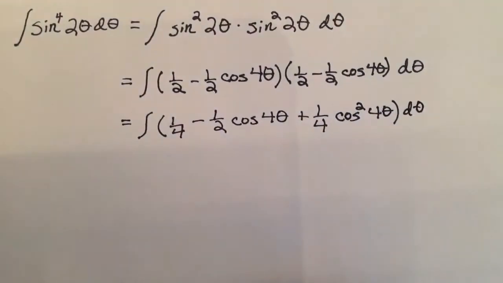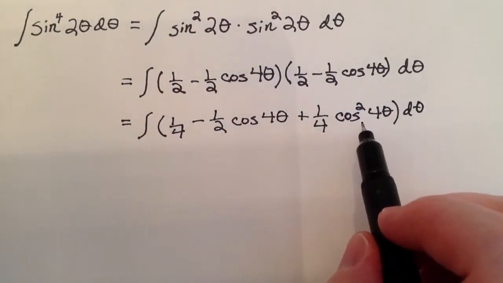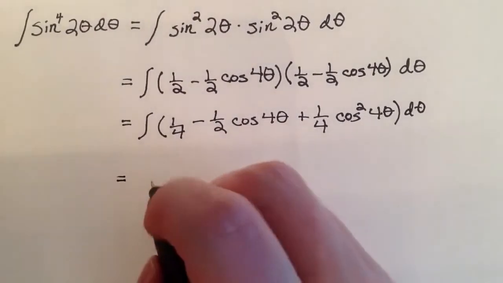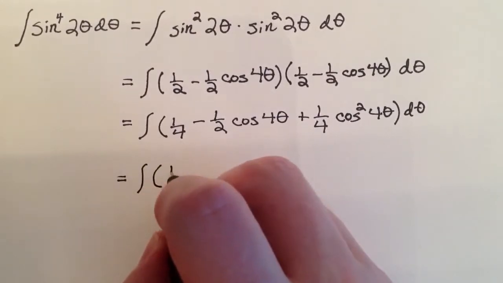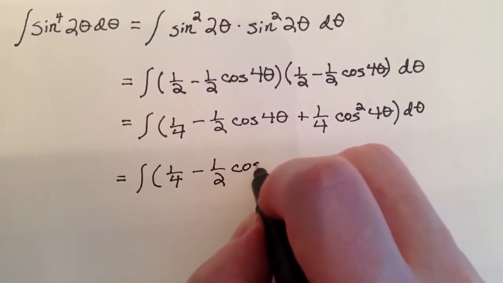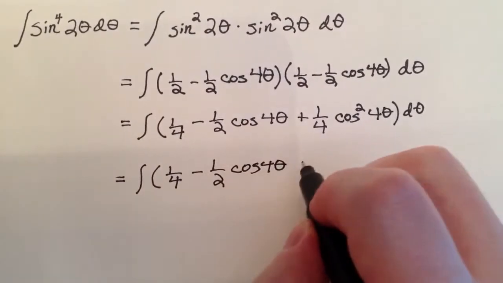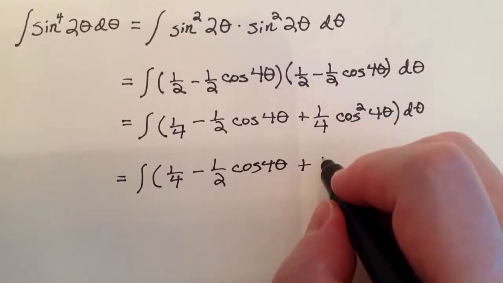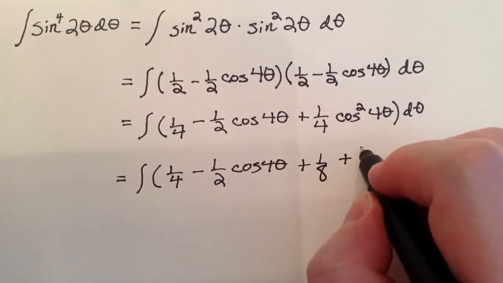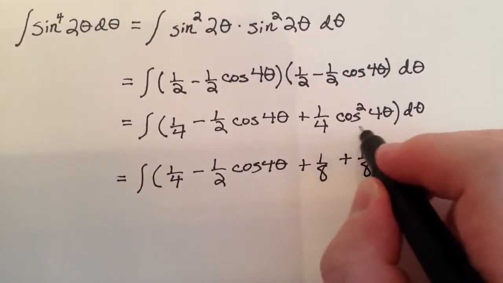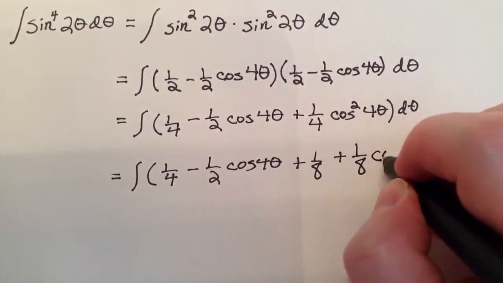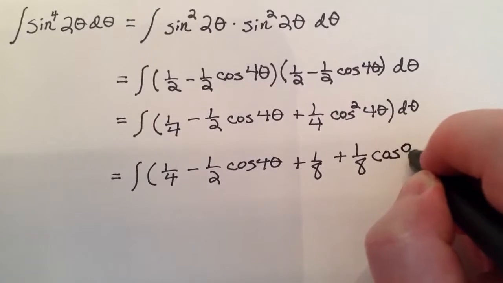And so we will be breaking up with the double angle identity. Once again, we have cosine square of 4 theta, and so upon branching this out even further, we have 1/4 minus 1/2 of the cosine of 4 theta, and then we're going to have plus 1/4 of 1/2, which in this case will be 1/8, of the cosine of the double angle, and this time the double angle we will have at 8 theta.